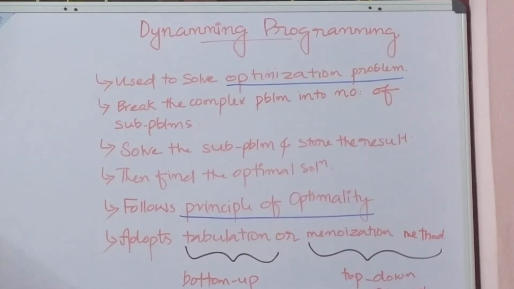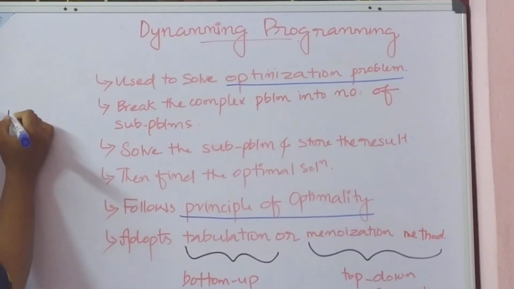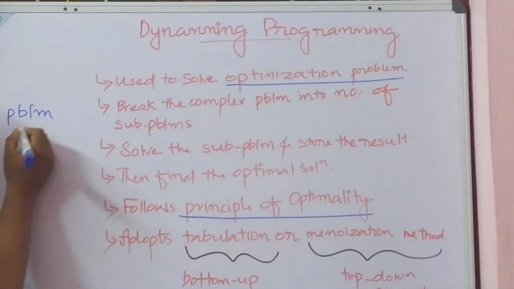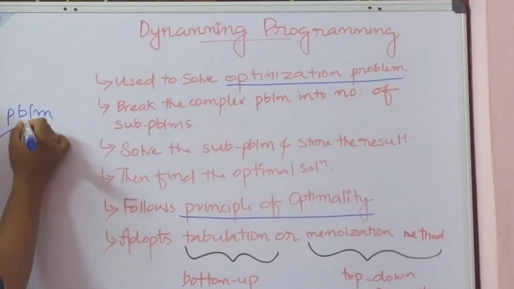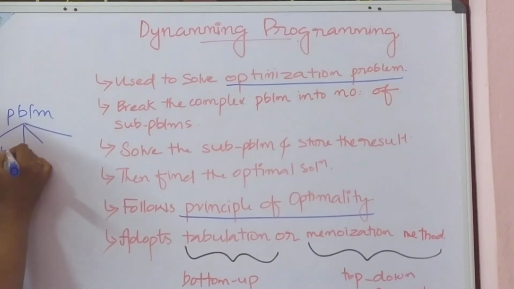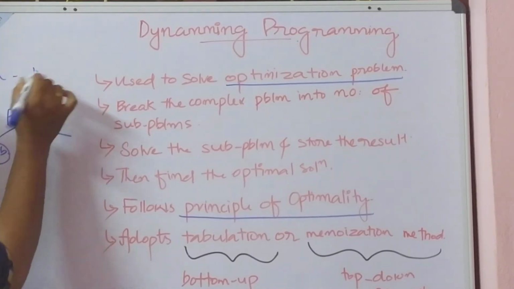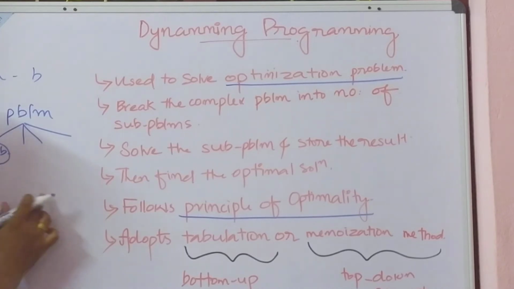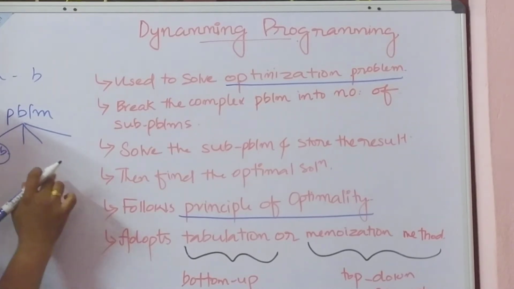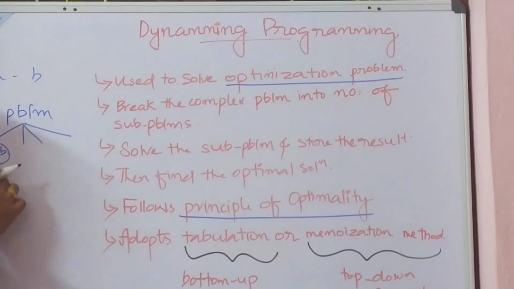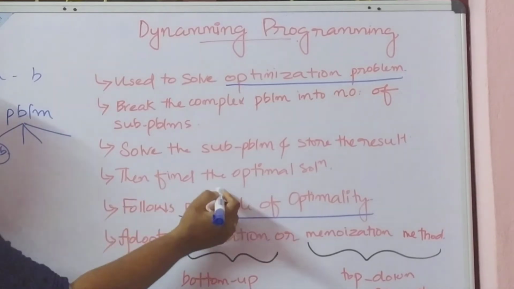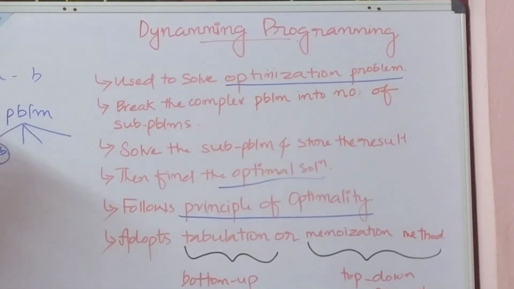That is, if we have a complex problem, we break it down into a number of sub-problems, solve them, and store the results of these sub-problems in a memory-based data structure. And from the results of all the sub-problems, we find the optimal solution.